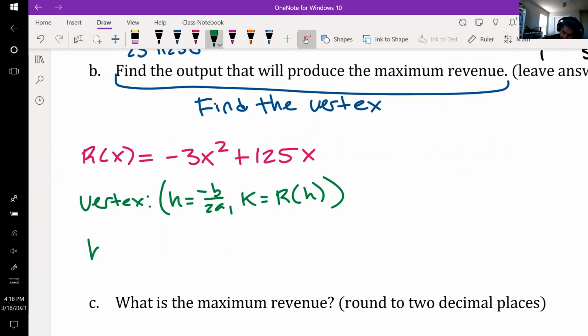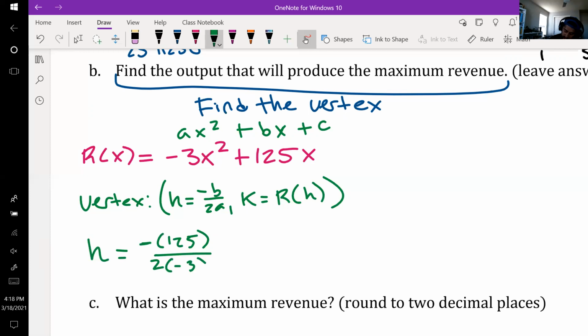So let's go ahead and find h. And remember, our revenue function is quadratic in the form ax squared plus bx plus c. So when I plug in b and a, I'm going to get negative b, which is 125, over 2 times a, which is negative 3.